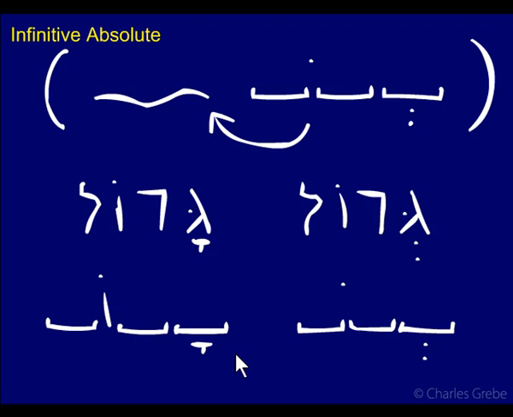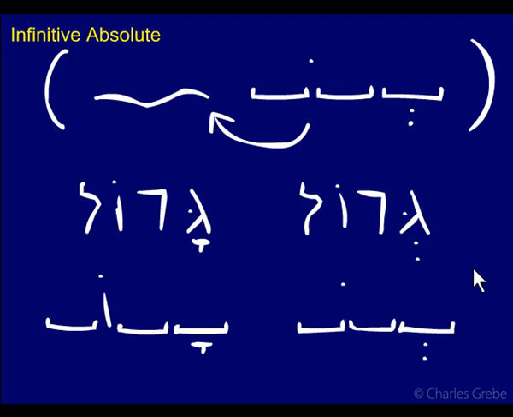So that's another way to think of these, is that the infinitive absolute really stands much more like an absolute noun by itself. And if you think about it, when nouns in the absolute take a pronominal suffix, which they can, of course, they tend to reduce over here. And so it's almost like they are becoming a construct. So if you attach something to a noun, it really is becoming a bit like a construct.